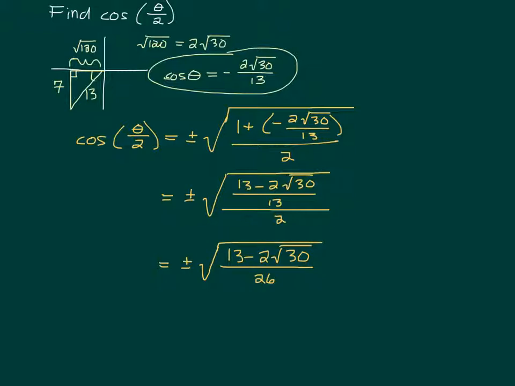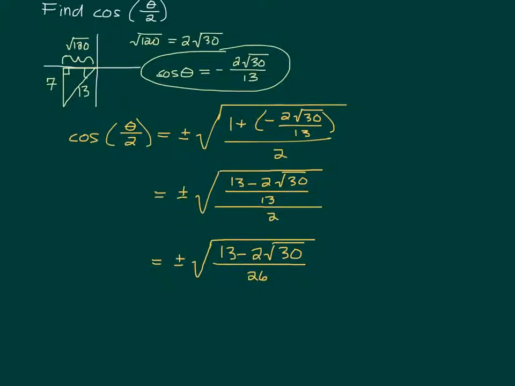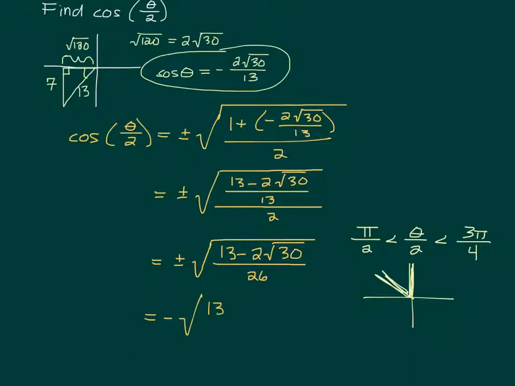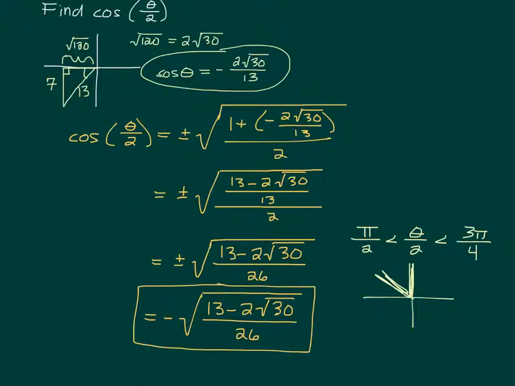Should it be positive or negative? If theta is between pi and 3 pi over 2, then theta over 2 is between pi over 2 and 3 pi over 4, here and here, so cosine should be negative square root 13 minus 2 root 30 all over 26. That isn't going to simplify, so we just leave it like that.